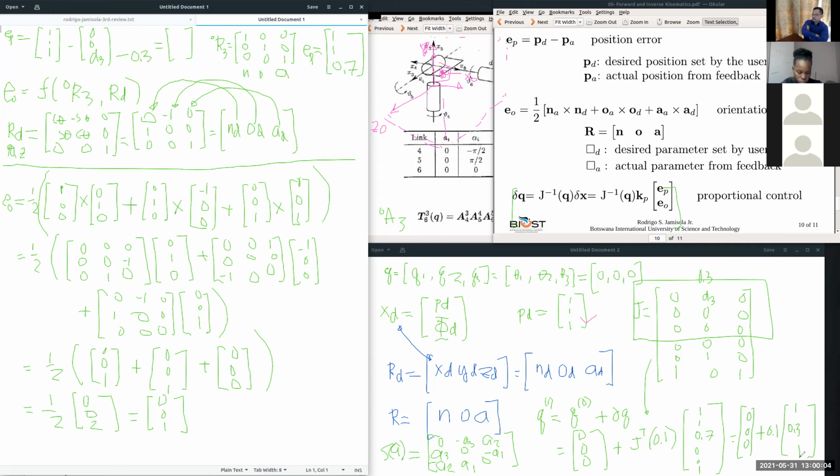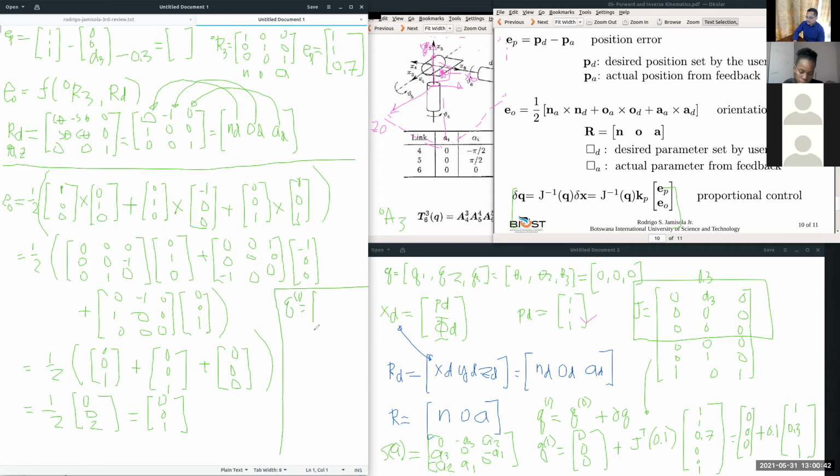There you go. So that means that your new angle now is what? Your new angle is this times 0.1. It's very difficult to do. Okay, so your new angle in the first step, Q1, is equal to 0, 0 plus 0.1 of that.